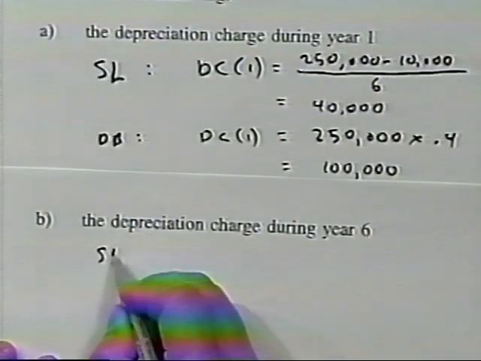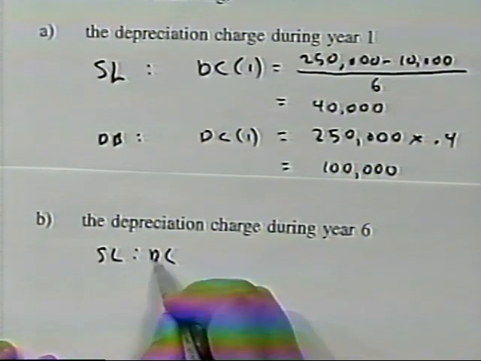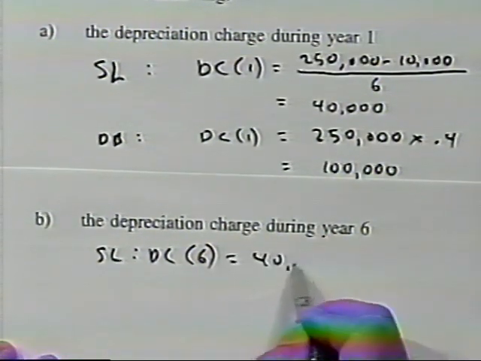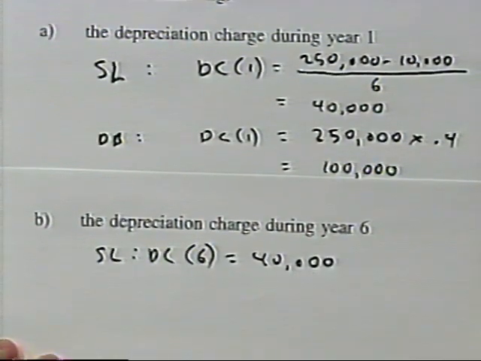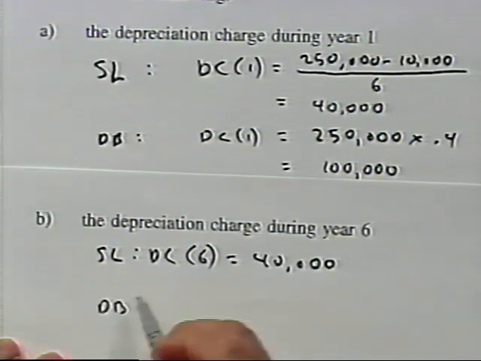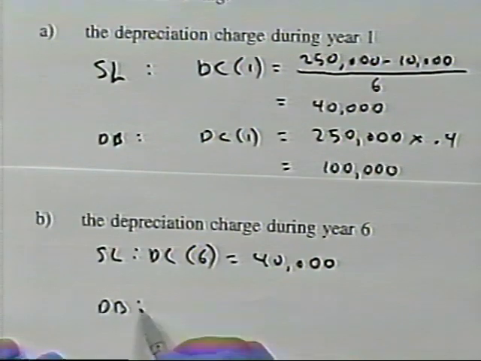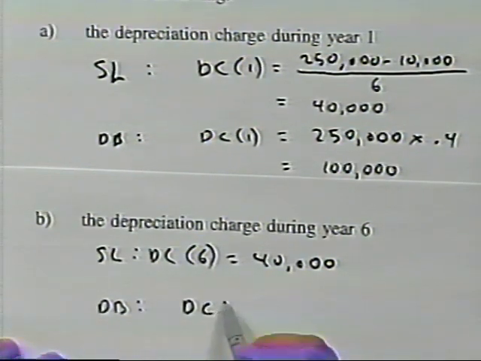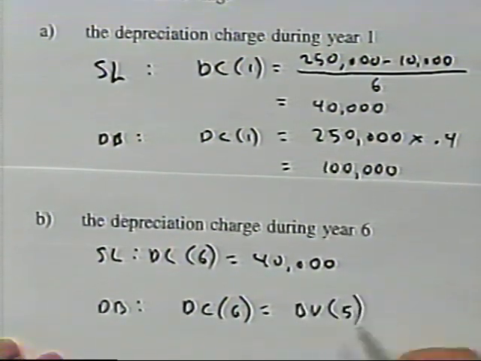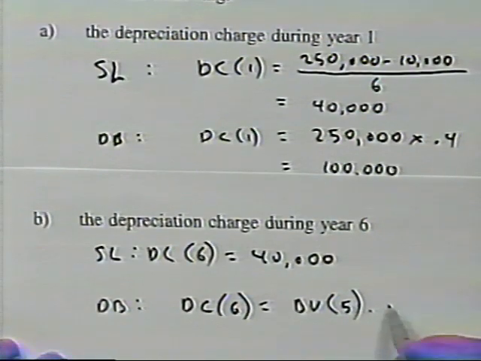B, the depreciation charge during year 6. Well, in a straight line, we know that the depreciation charge is always the same. It's going to be $40,000 again, because it's independent of the year in which we do the calculation. However, for the declining balance, the depreciation charge in year 6 is the book value in year 5 times the depreciation rate of 0.4.